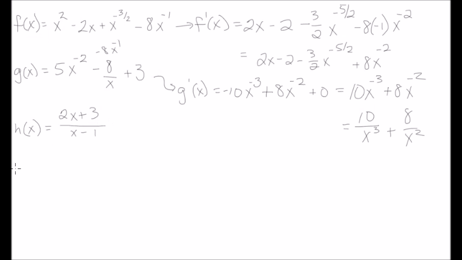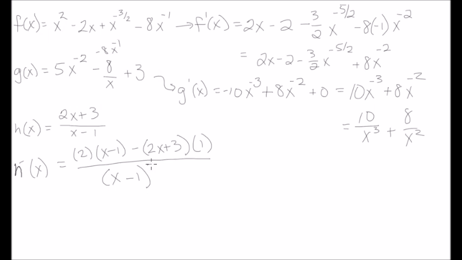For this last one, I'll go ahead and use the quotient rule. Really, either way would work. So the derivative of the function h is going to be the derivative of the numerator, 2, times the denominator unchanged, minus the numerator unchanged, times the derivative of the denominator, over quantity, the denominator, squared.